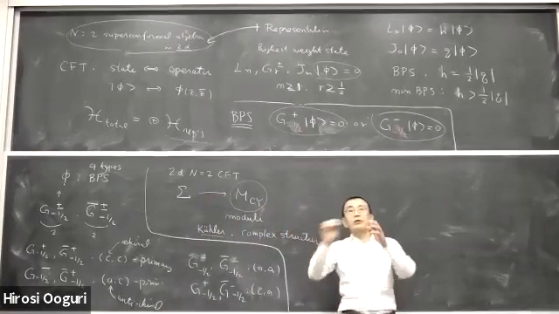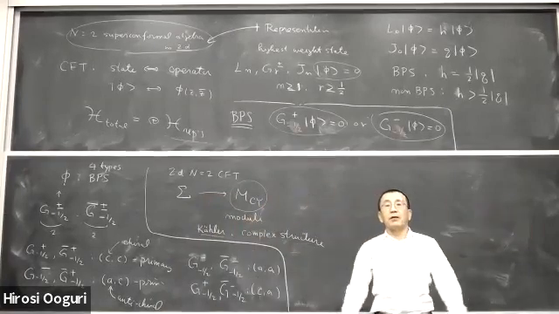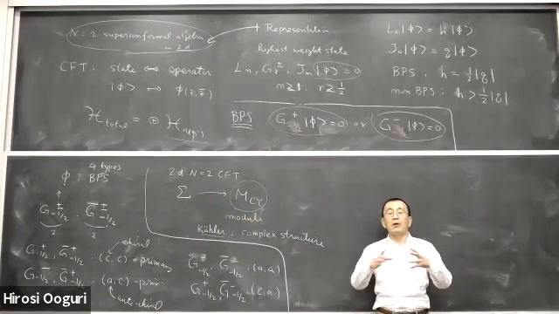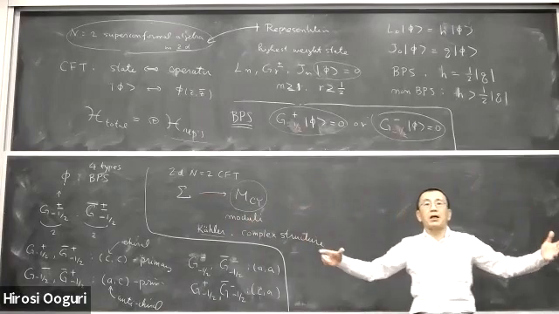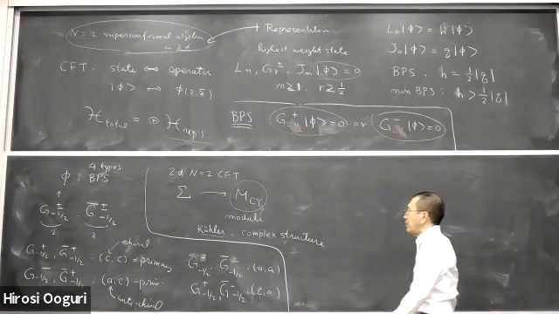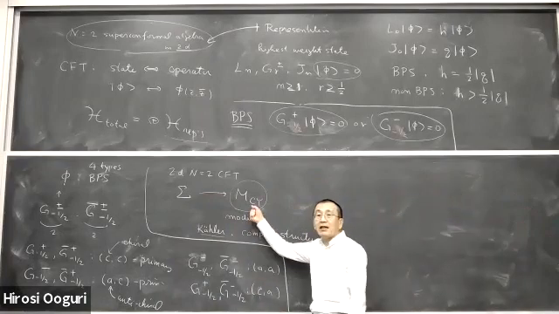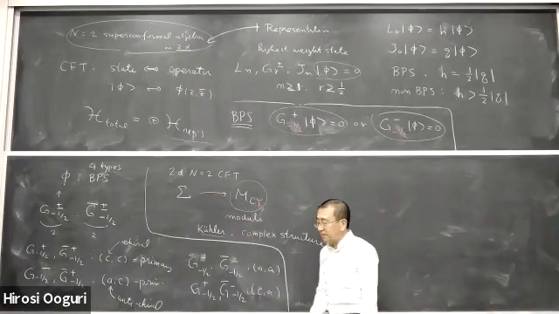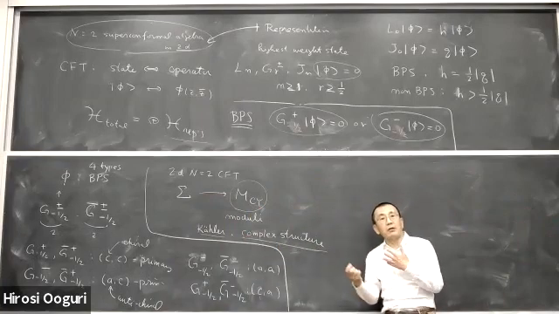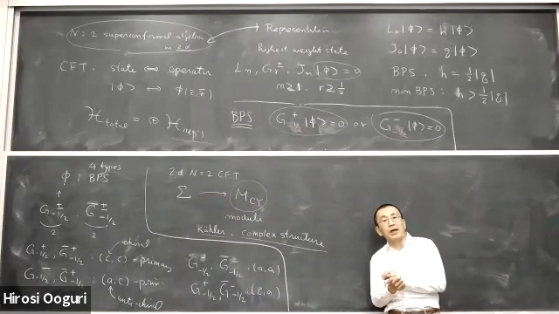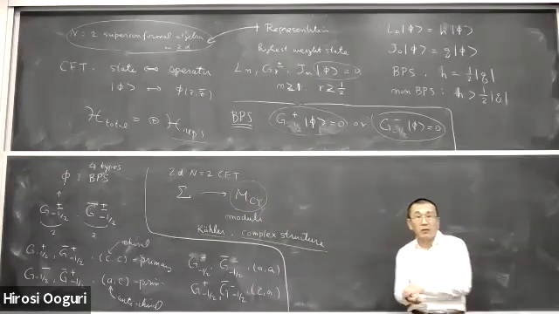Scalar moduli include the size of the Calabi-Yau manifold. If you have a Calabi-Yau manifold, you can just increase its size by multiplying a constant to the metric, for example. That is a modulus of the Calabi-Yau manifold. Complex structure: the Calabi-Yau manifold is a complex manifold, so it has a complex structure.